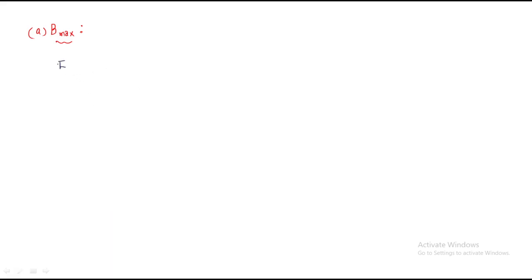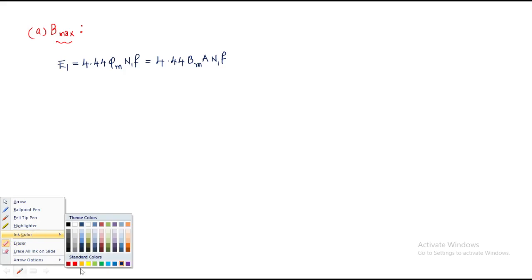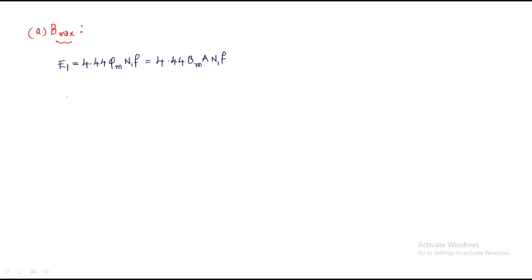So let us take this formula, E1 equals 4.44 phi M N1 F, where phi M is equal to Bm into A. E1 is given as 500. So 500 equals 4.44 into Bm, which we don't know, into the area, which is 60 centimeters square, that is nothing but 60 into 10 power minus 4, into N1, which is 400, and the given frequency is 50 hertz.